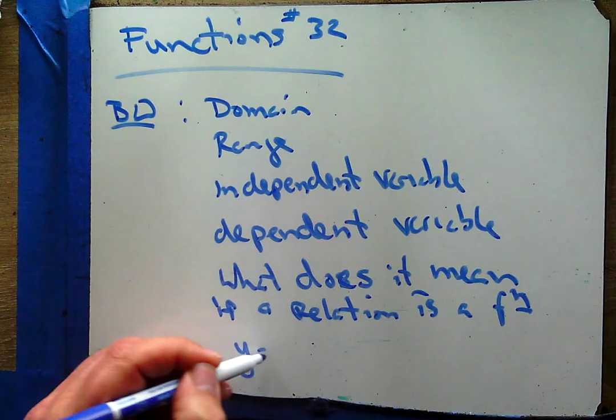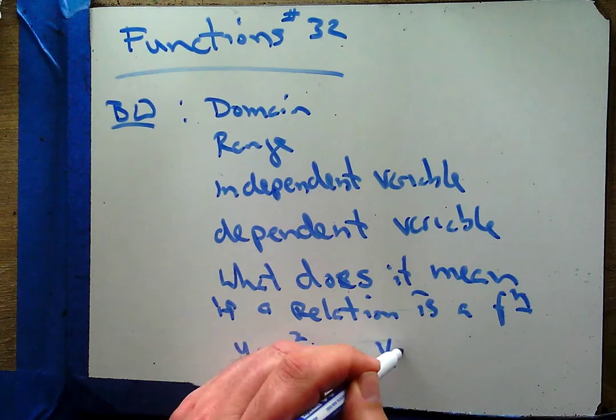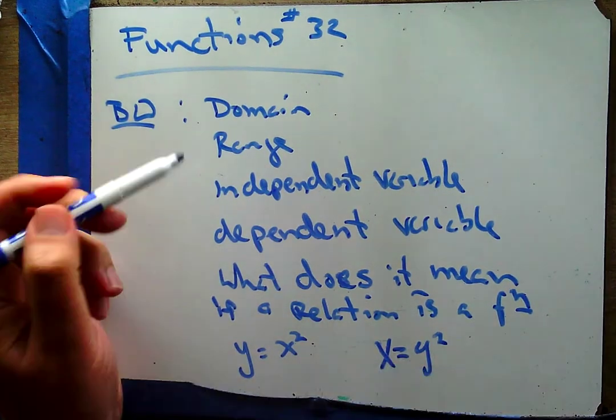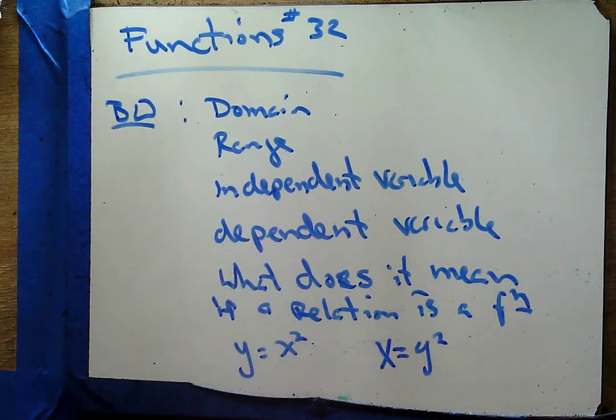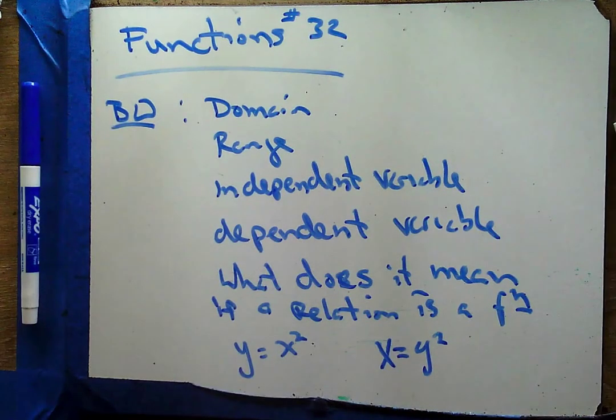So here's y equals x squared. This relationship is a function, but this relationship is not a function. Okay? So take a moment to define these. We've talked a little bit about domain, so you should be able to say something there, but maybe not, and come back when you have questions or are done.